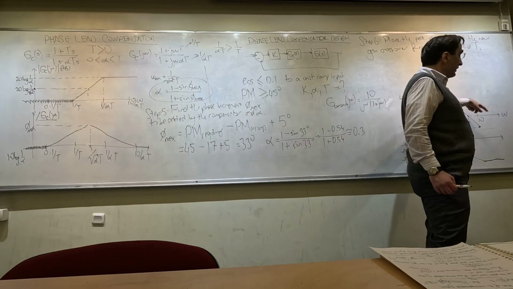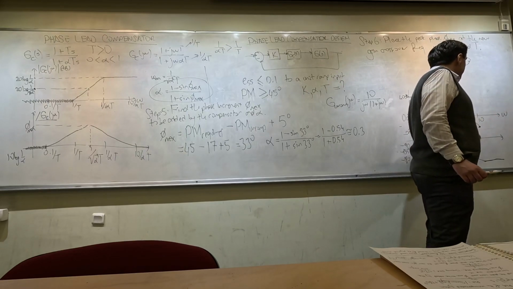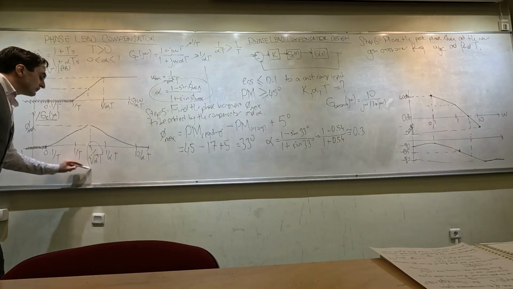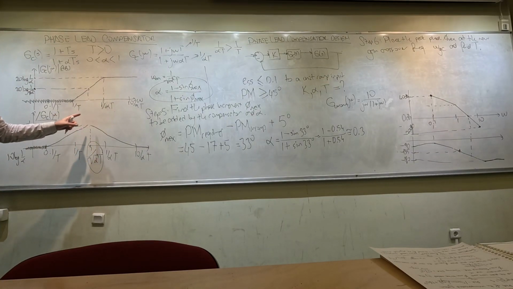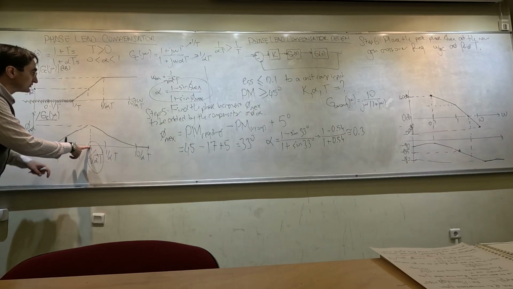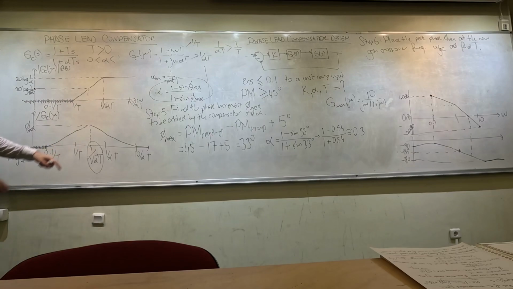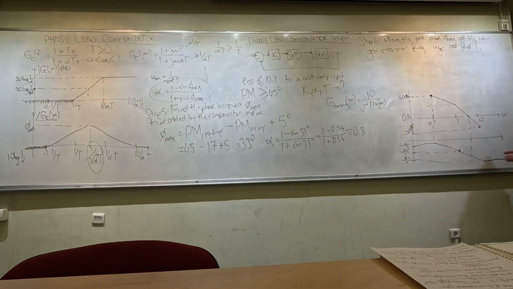And I have to make sure that this peak frequency, omega m, is exactly at the new gain crossover frequency. So let us look at what has to happen here.